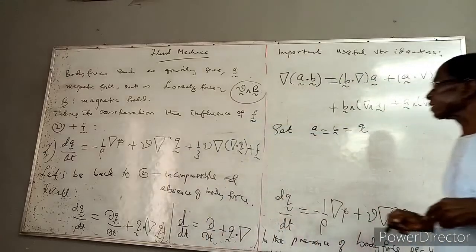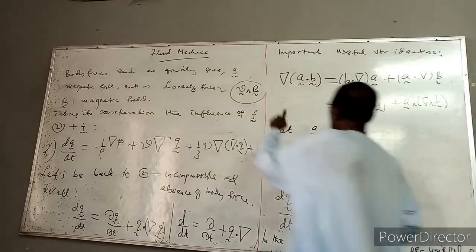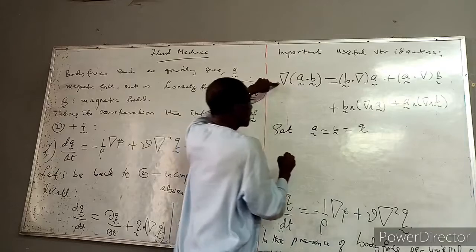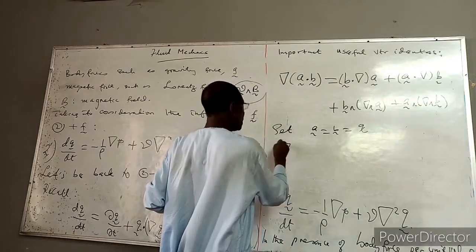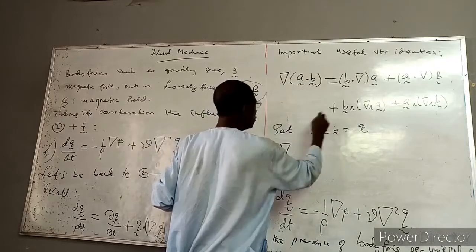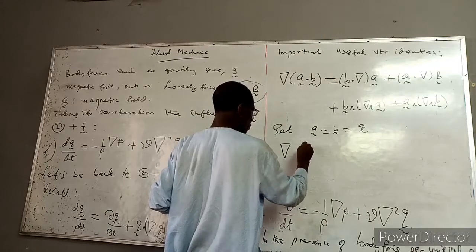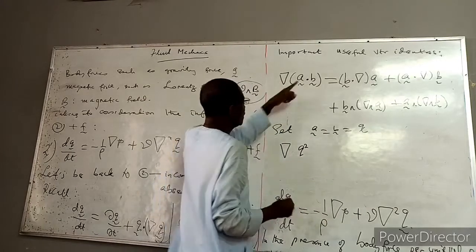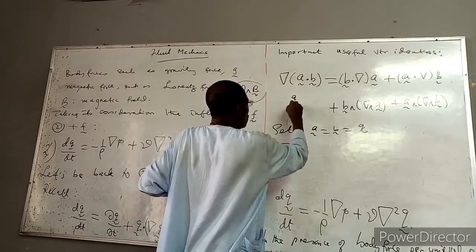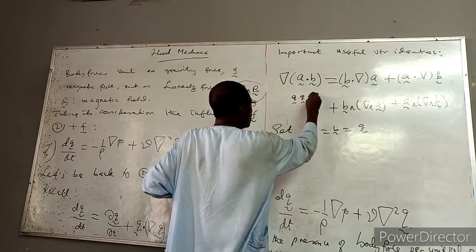So in this identity, what do we obtain? This changes to, you can write this as Q dot Q, isn't it? That is Q squared, because Q dot Q is Q squared.